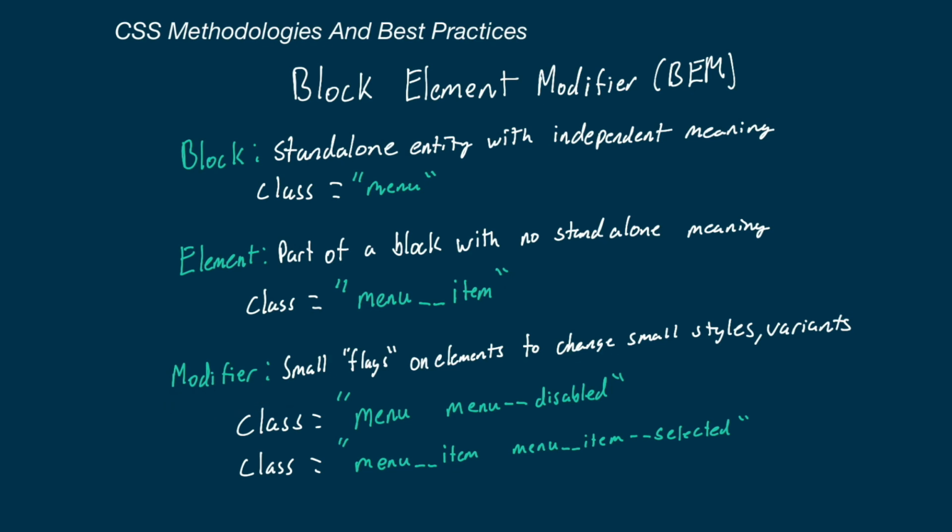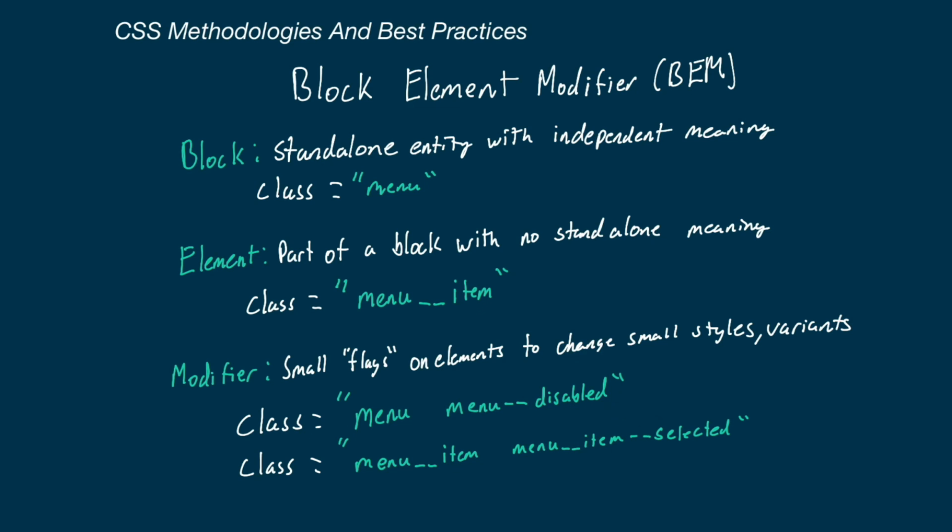Finally, modifiers are for small flags on elements to change little pieces of style or provide variants such as disabled or selected states. These can modify either elements or blocks, and they are denoted by adding two dashes to the class name followed by the modifier name. For example, here we have the same menu block, but we also gave it the menu disabled modifier.